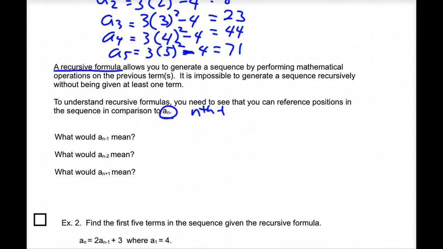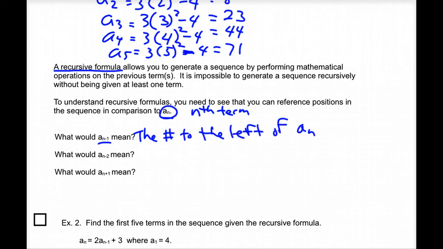We've already mentioned that. So that's any term in a list. If a sub n is some term in a list, then what's a sub n minus 1? Well, a sub n minus 1 is simply the number to the left of a sub n, or the nth term.